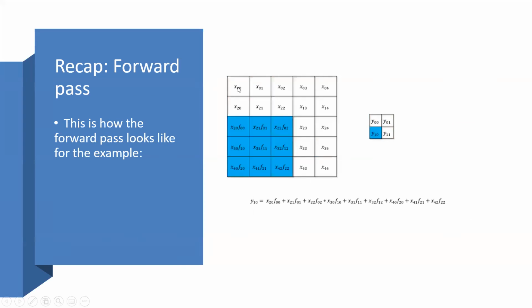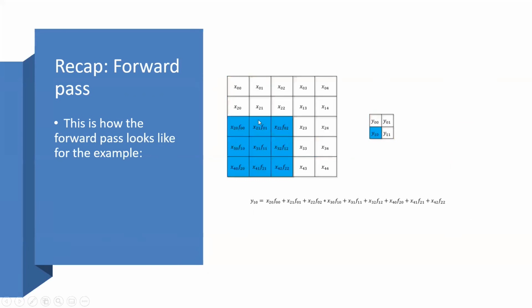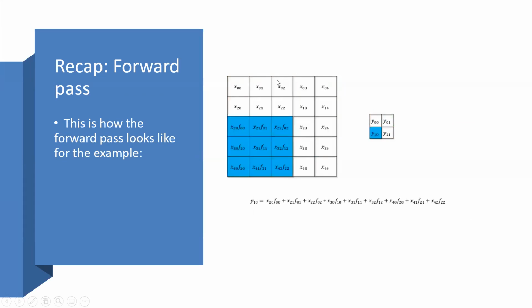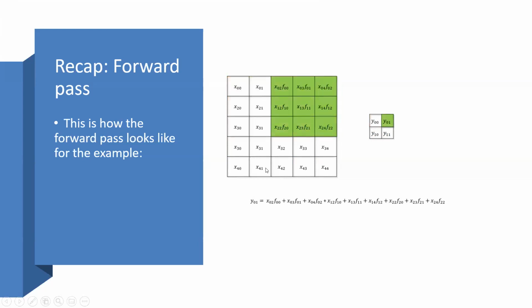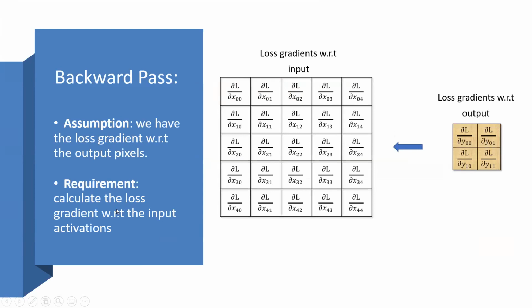It starts with x00 and then it moves to x02, and moves both horizontally and vertically with the stride of 2. So you can see that it keeps one column and then scans the next portion of input and it goes on to produce that output. So this is how the forward pass looks when a filter is convolving with the input with a stride of 2. So how do we get the backward pass in that situation?